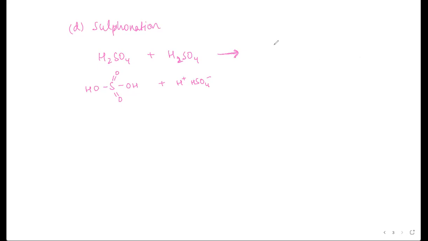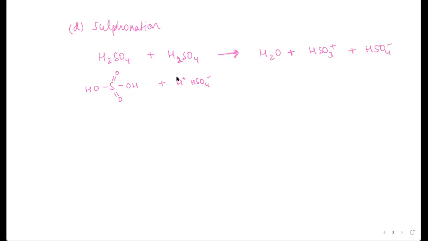Water is one product. Then our electrophile, which is HSO3 plus, and HSO4 minus. Absolutely. Correct. So the exact same thing is happening.